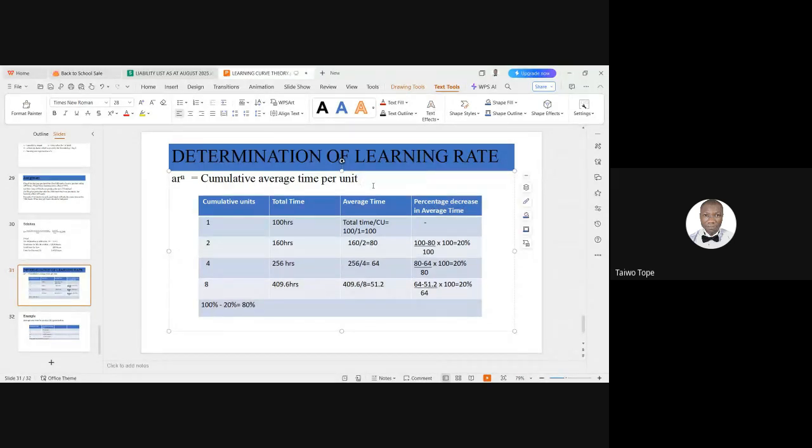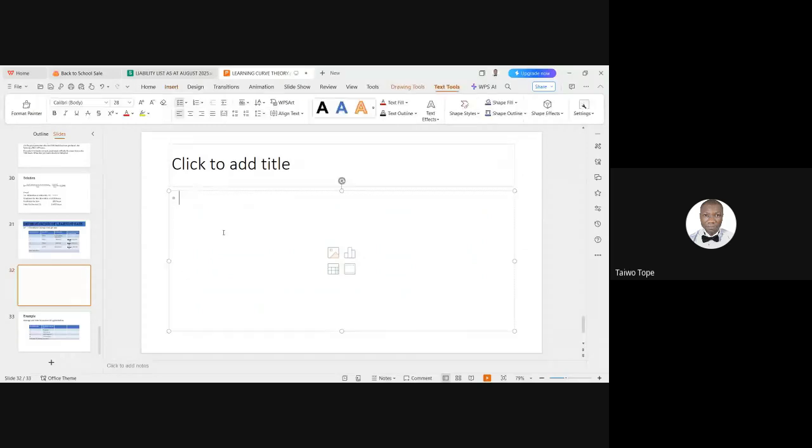Let's define each of these values. When we talk about A in this expression, A would be the average time of producing the first unit.